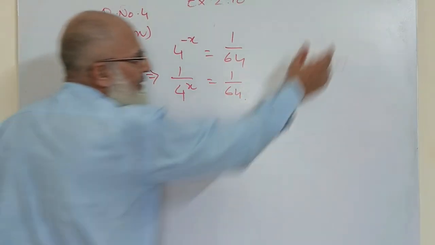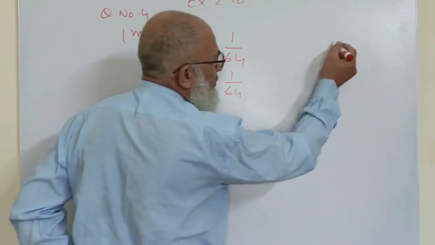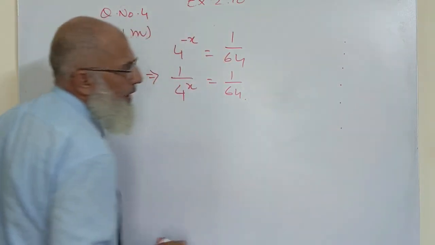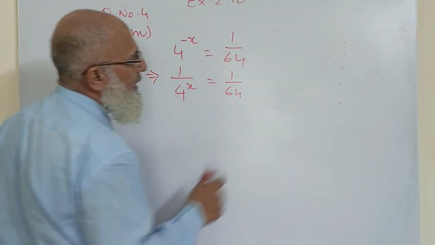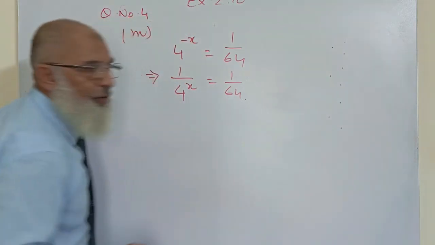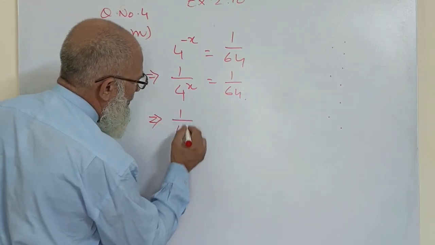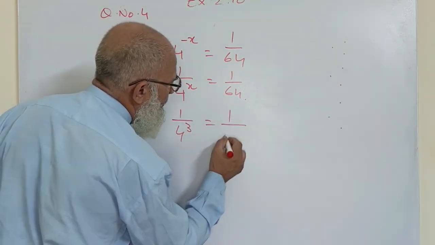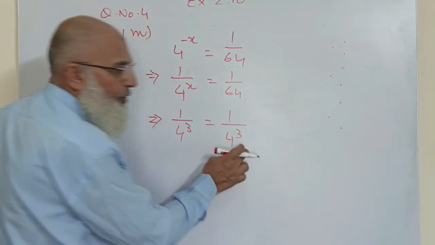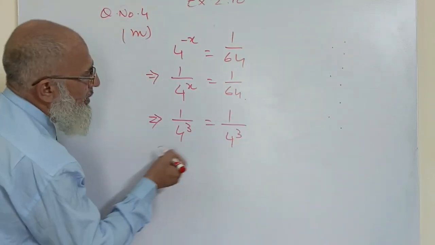You know, there are 6 twos in a row. 1, 2, 3, 4, 5, 6. And how many fours can we get from here? 1, 2, 3. 3 fours we can get from here. 4 times 4 is 16, 16 times 4 is 64.